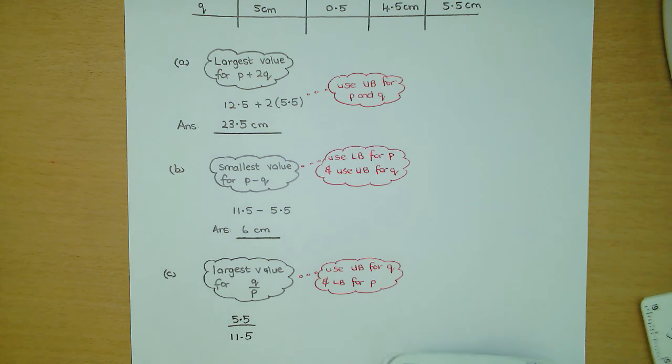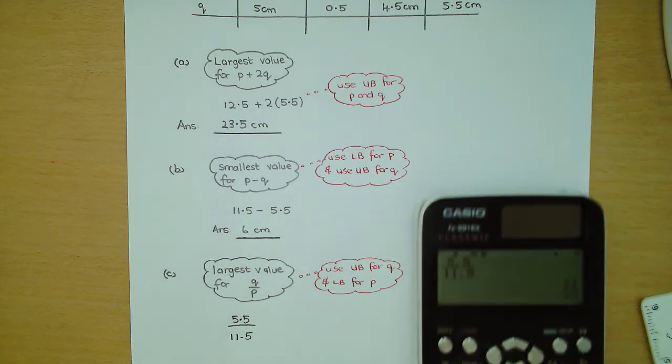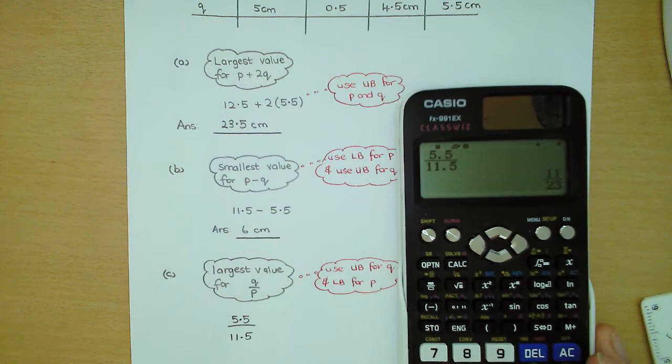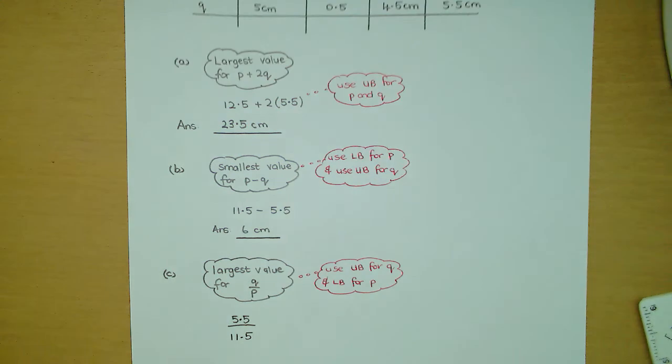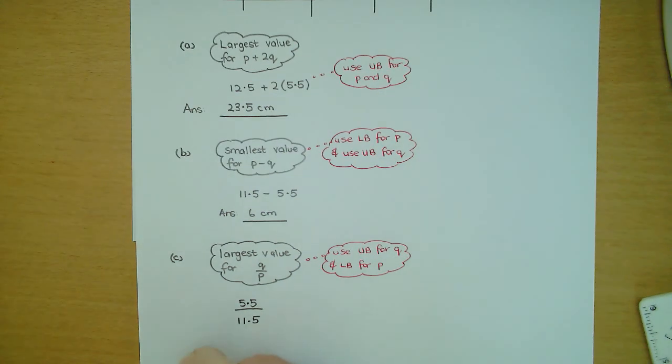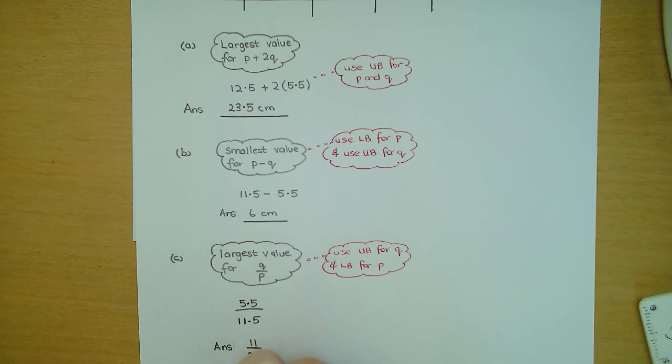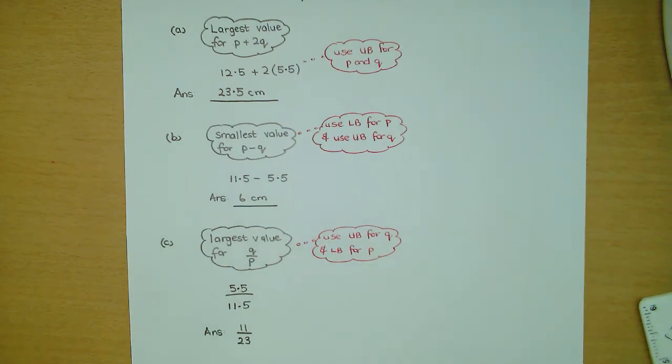What I would actually do when I type it in is keep it as a fraction here. See the way it turns out to be 11 over 23. If it turned out to be improper, you could turn it into a mixed number, but I wouldn't give it as a big stringy decimal. So keep it exact. So it would actually be 11 over 23 as our answer there.